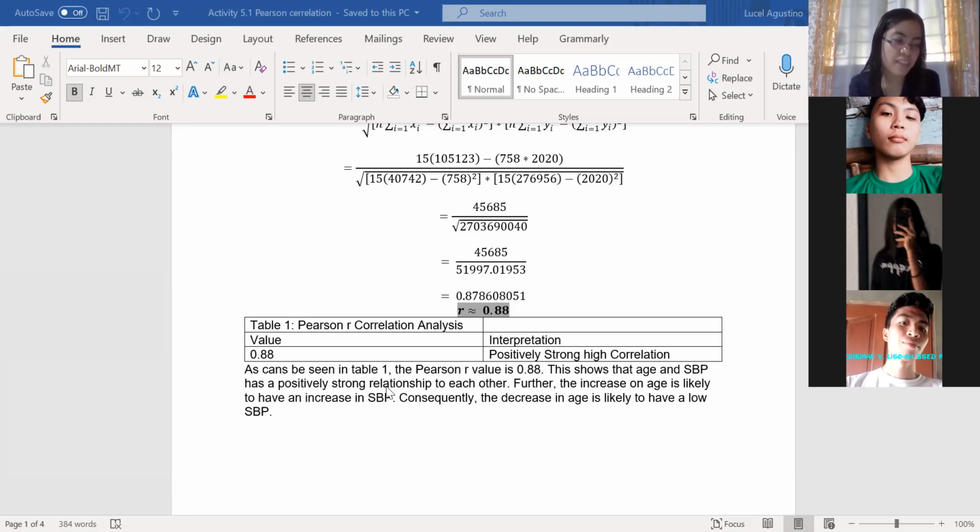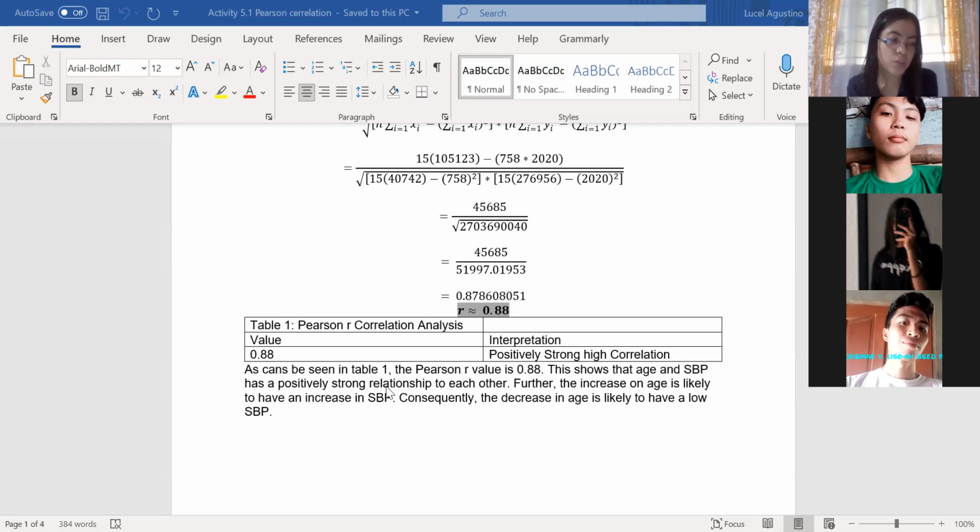And then 0.8 to 1, that is very strong linear relationship. And then if we have 0.6 to 0.8, we have strong linear relationship or association. And then 0.4 to 0.6, we have moderate relationship.